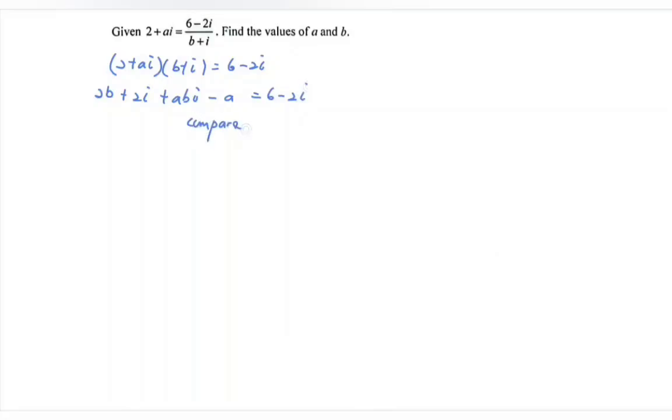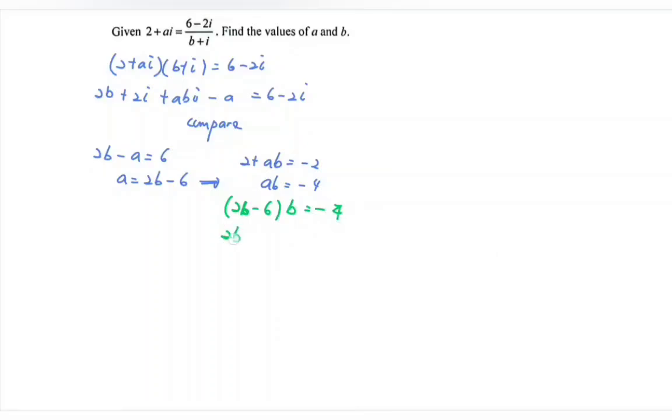Compare the real part and also the imaginary part. So we have 2b minus a equals 6. So we have 2 plus ab equals negative 2, so ab equals negative 4. Next, a equals 2b minus 6. If we substitute the situation, we have (2b minus 6) bracket multiplied with b equals negative 4.